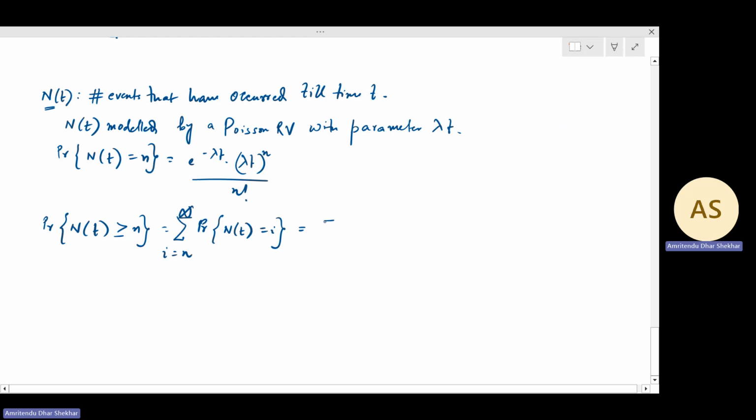That is just the sum of e to the power minus lambda t, lambda t to the power i by i factorial.